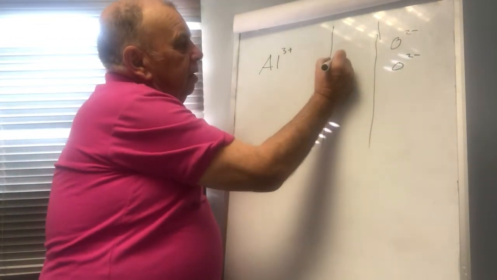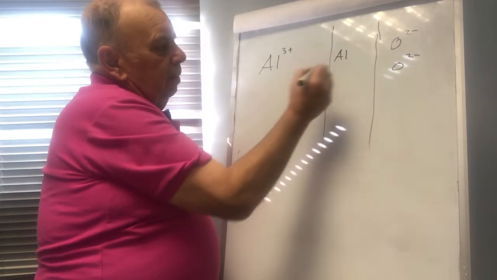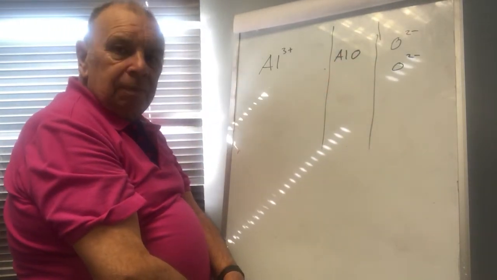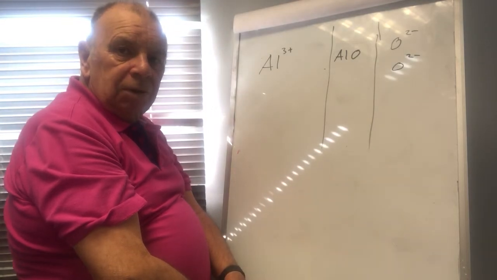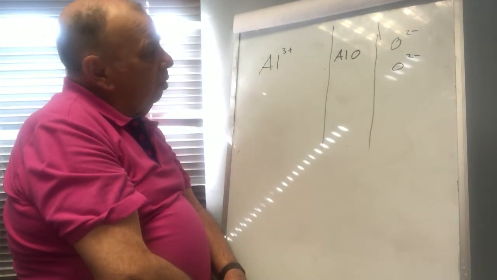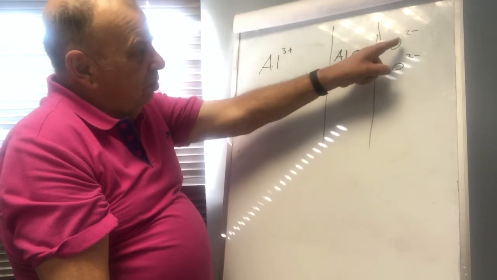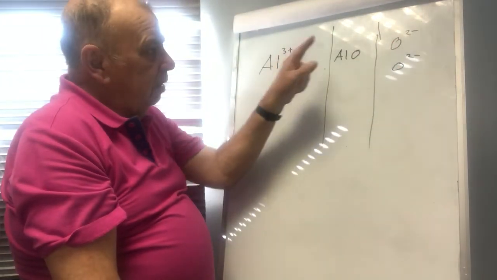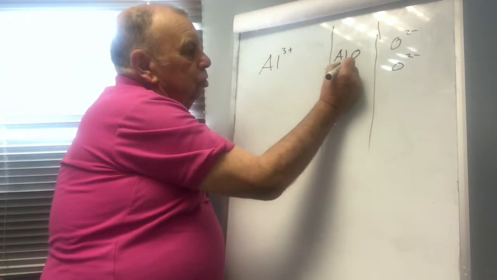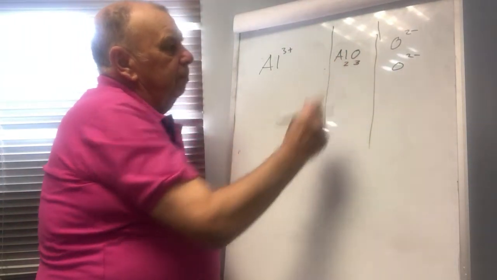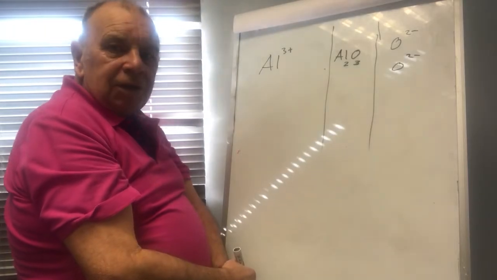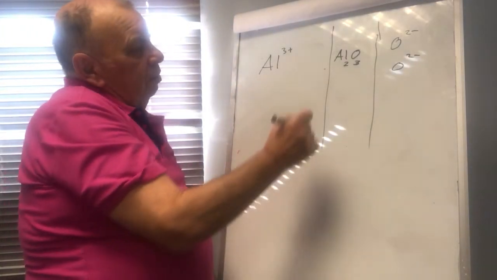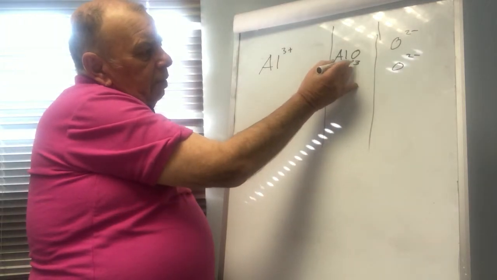Well, AlO, aluminium oxide. What now? Look at this. That is 2 and that is 3. Al2O3. How did I get at that? The answer is this is 2 and that is 3.